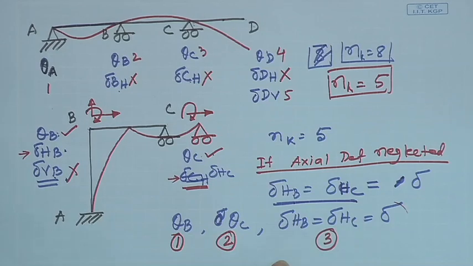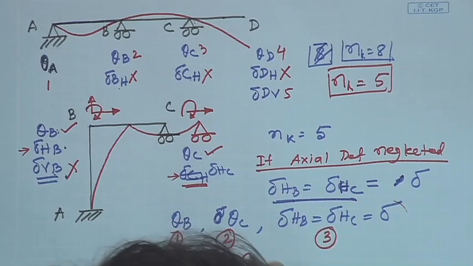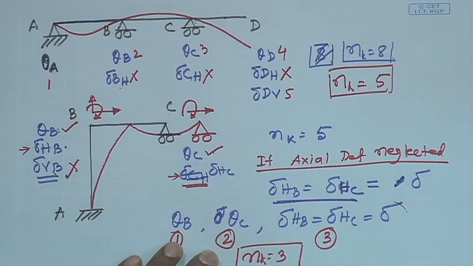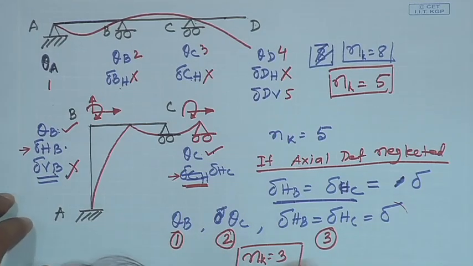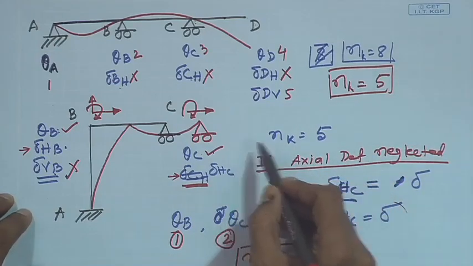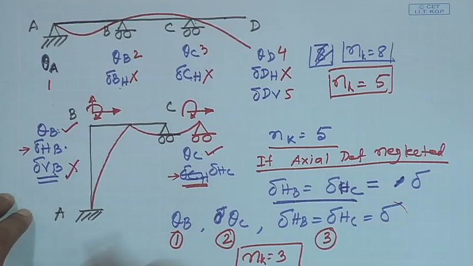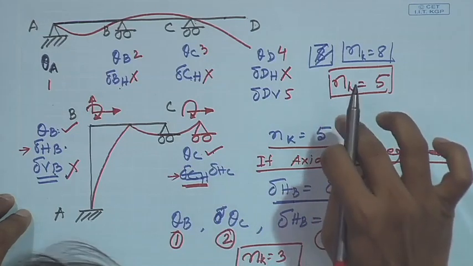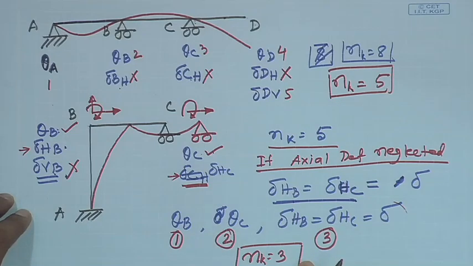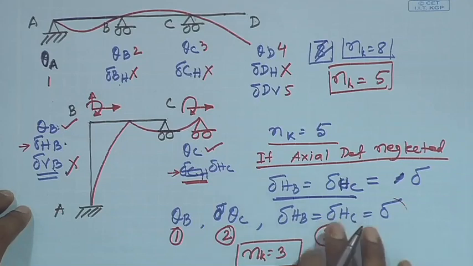So, this is 3. So, in this case total NK is equal to 3. Okay. So, if we do not neglect the axial deformation for this same problem, the kinematic indeterminacy is 5, but if we neglect axial deformation, then kinematic indeterminacy for this problem will be 3.